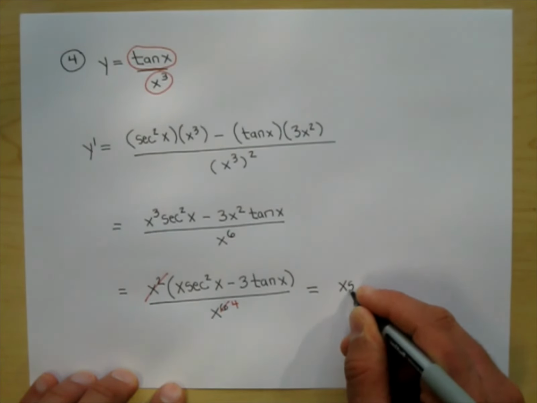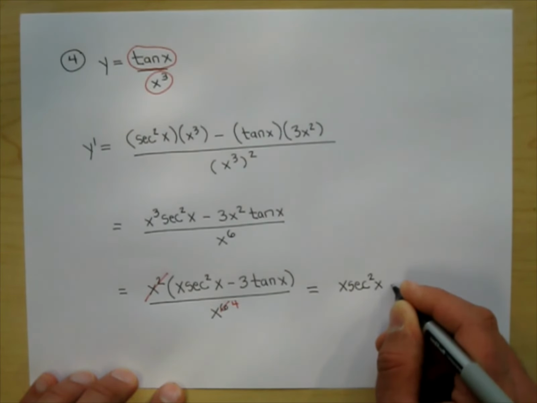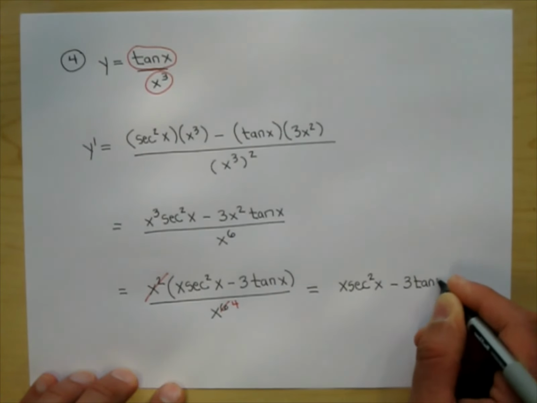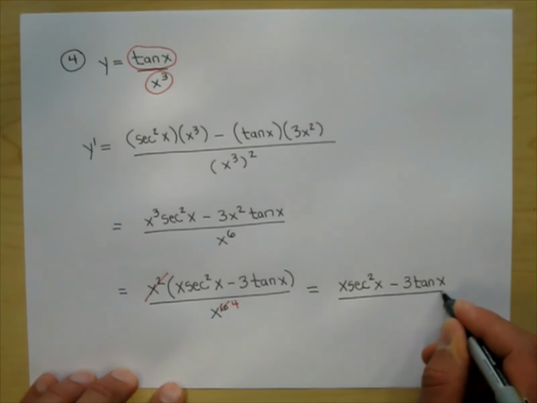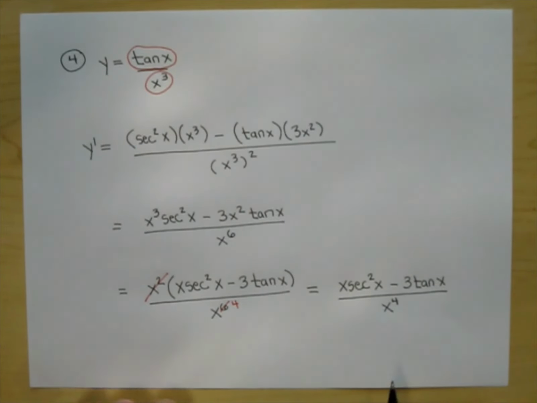X times the secant squared x minus 3 tangent x all over x to the 4th. Now if you're thinking you can factor out that x, you're wrong, because that x here and that x there, those are arguments of trig functions.